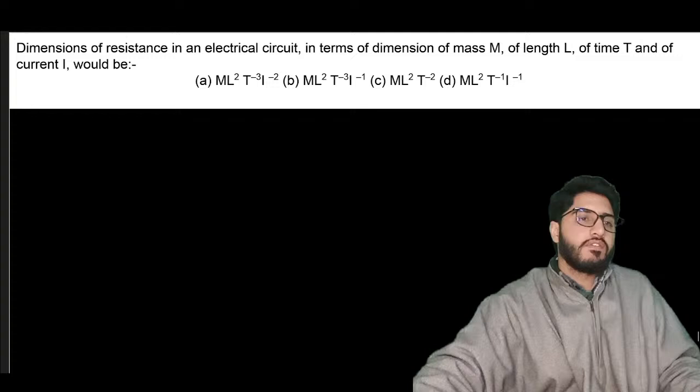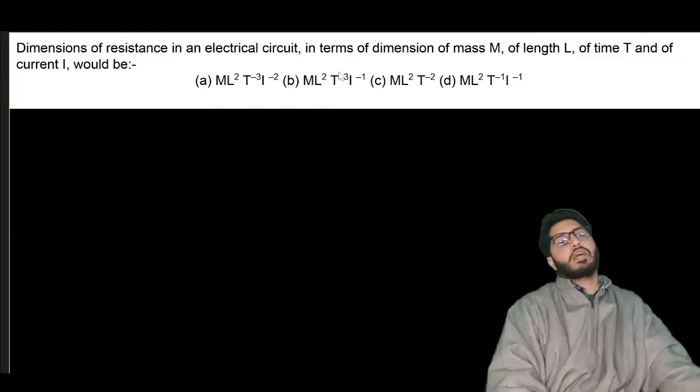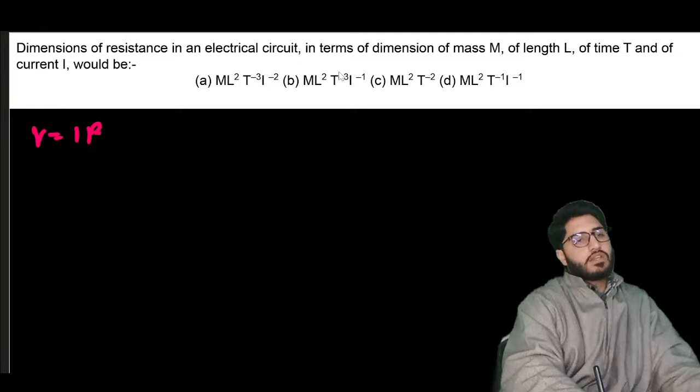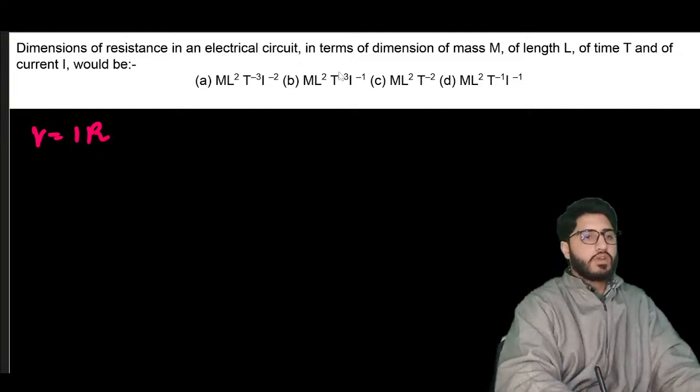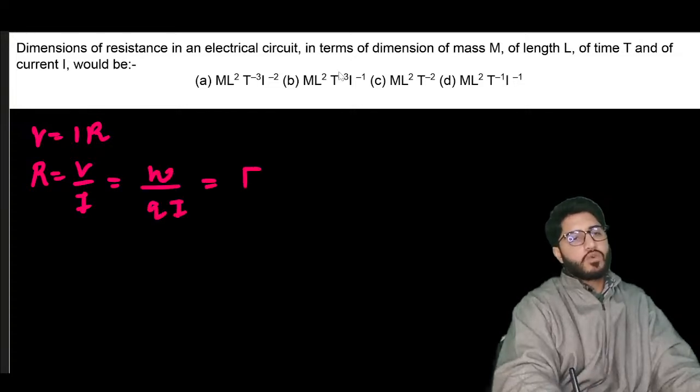Okay, dimension of resistance in an electrical circuit, in terms of dimensions of mass, length, time and of current. We know that V equals I into R. We have to find R, so R comes out to be V by I. V is work done by charge. Work done is force into displacement, divided by charge. Charge is current into time.